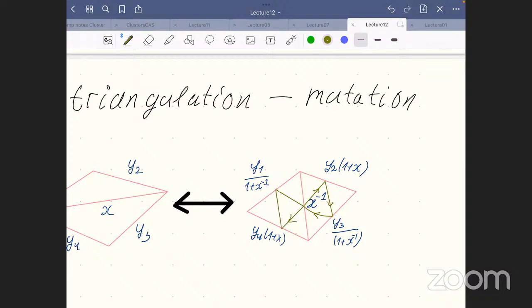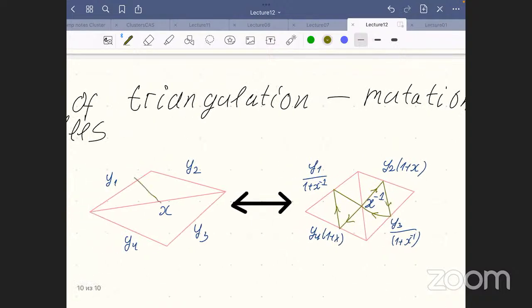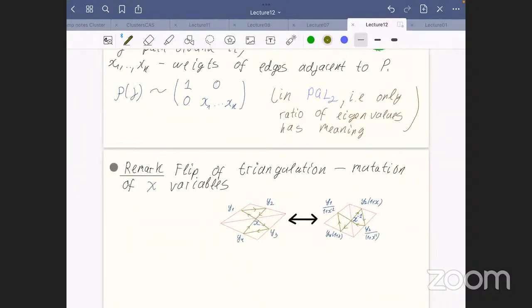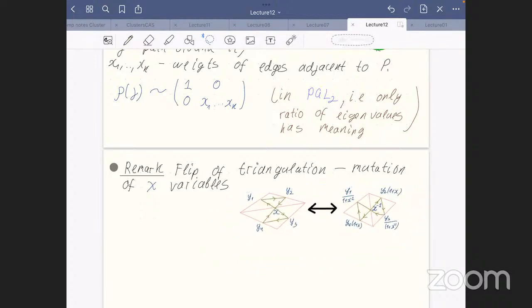In each triangle, we draw arrows which connect edges and orient them clockwise. Okay.